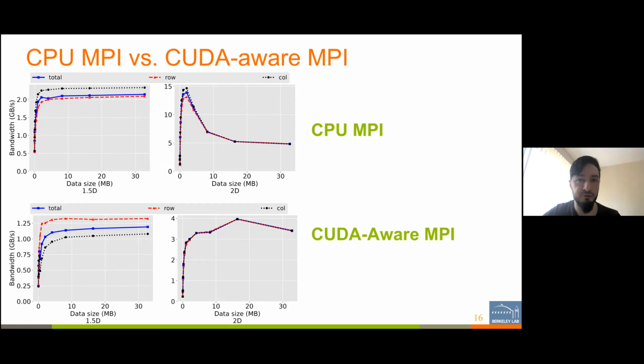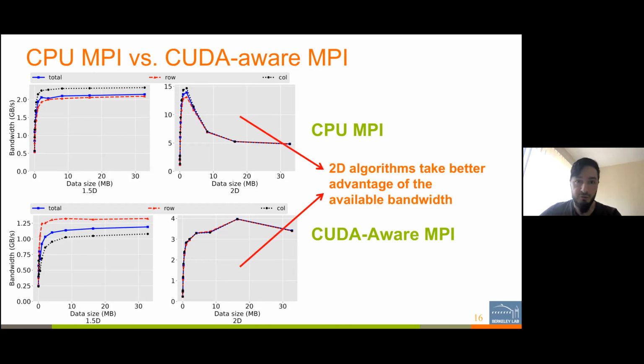Here, row refers to the MPI collectives performed on the row dimension of the process grid, such as reduce scatter, and col refers to the collectives performed on the column dimension of the process grid. An example here is all-gather, and total means that both of them are performed simultaneously.